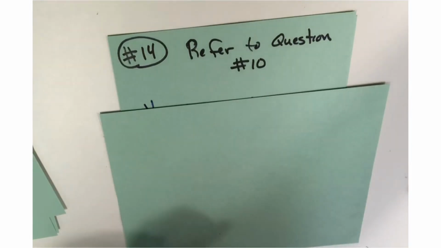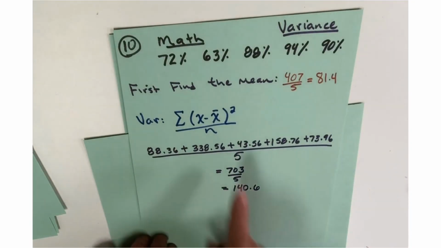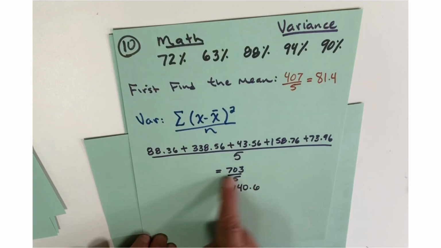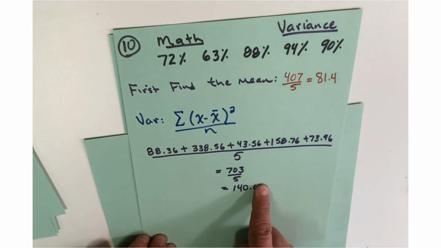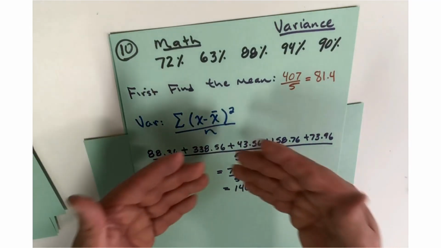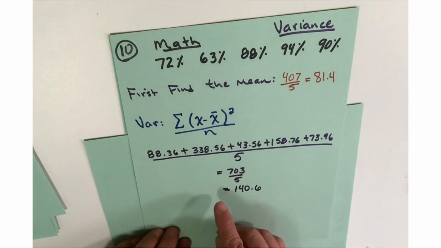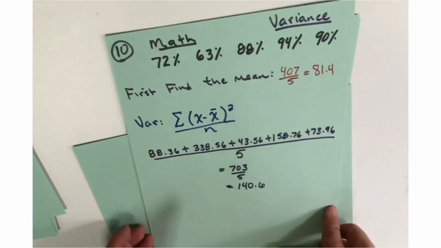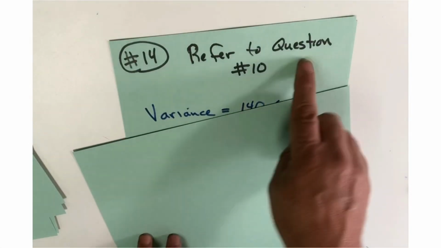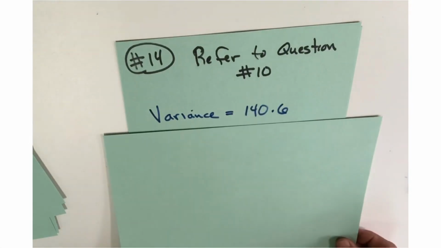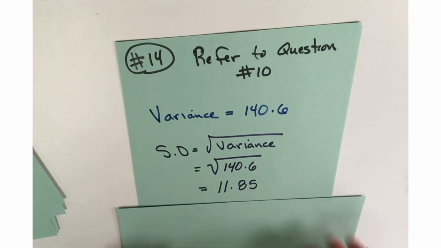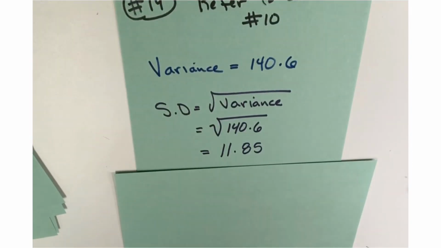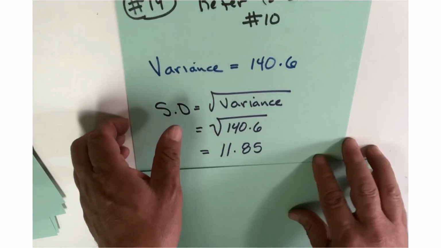You don't have to do all the work again, because when we did number 10, we had already calculated the variance to be 140.6. So how do we get from variance to standard deviation? Yep, you got that right. You just hit the square root button. Hit the square root button, and you get 11.85.